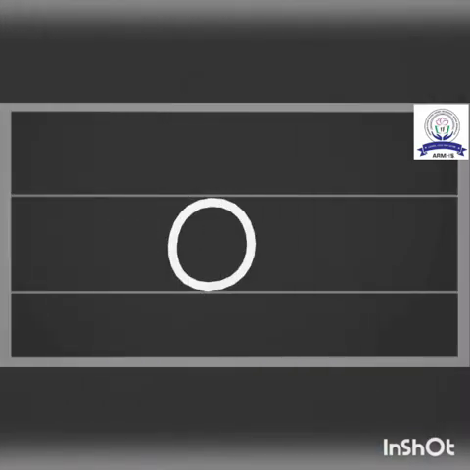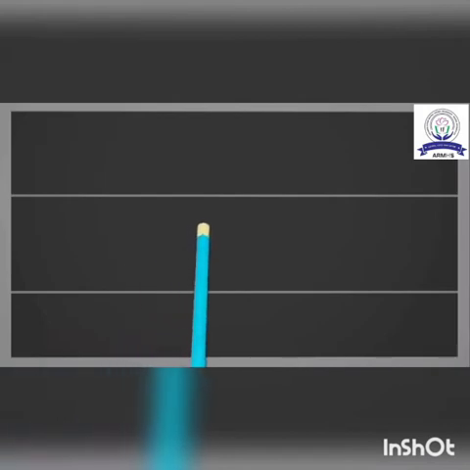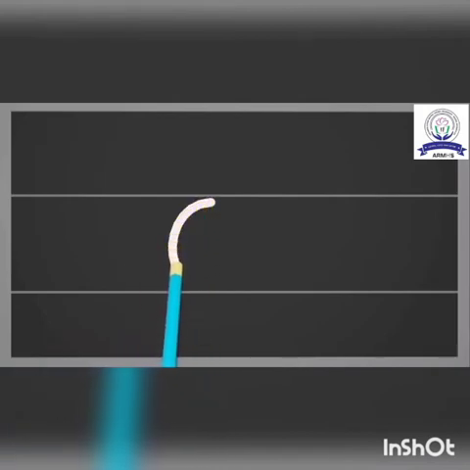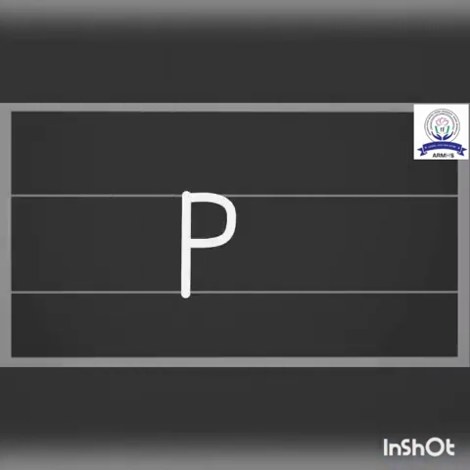Small o. Start from the middle and make a small circle to the left. Next letter p.